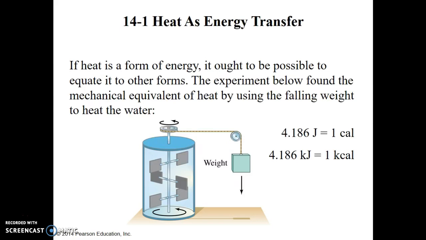So that weight falling would equate to about 4.186 joules. So just over 4 joules of energy is equivalent to 1 calorie of energy. Now, since we deal more with kilocalories, that would be more like 4 kilojoules. 4.186 kilojoules would be 1 kilocalorie.